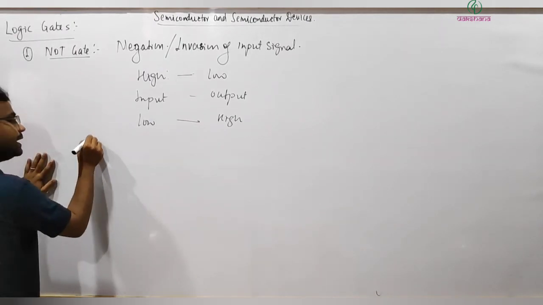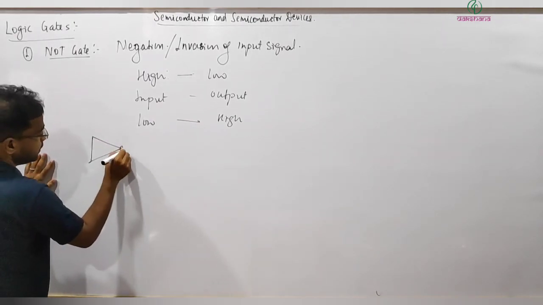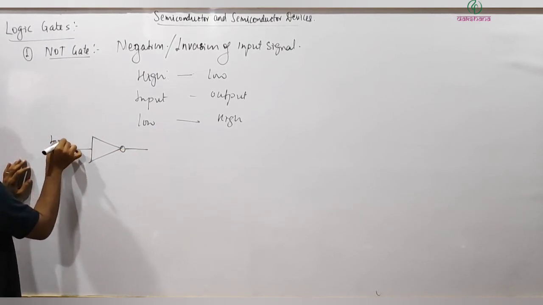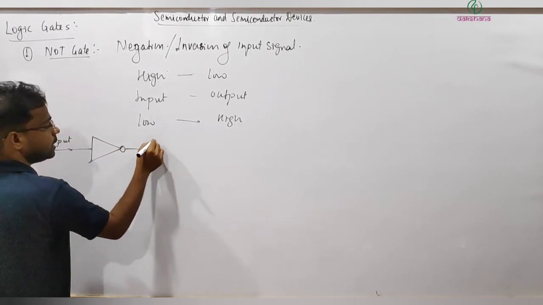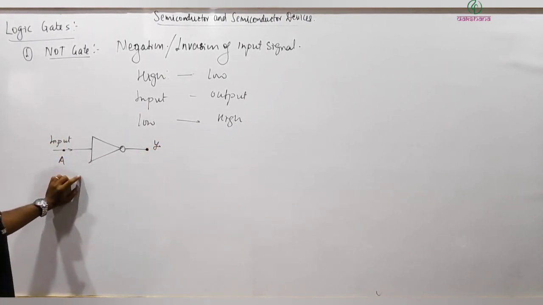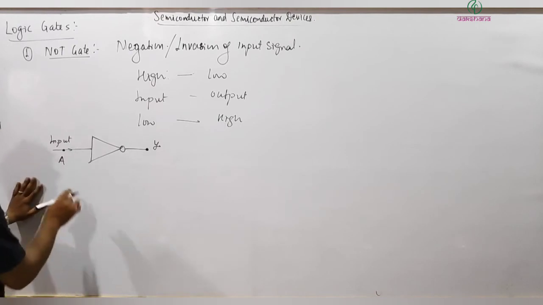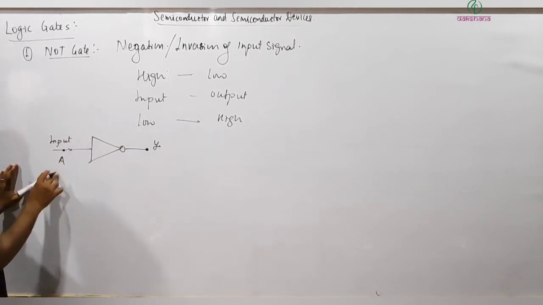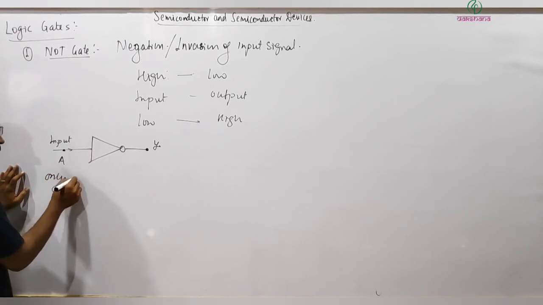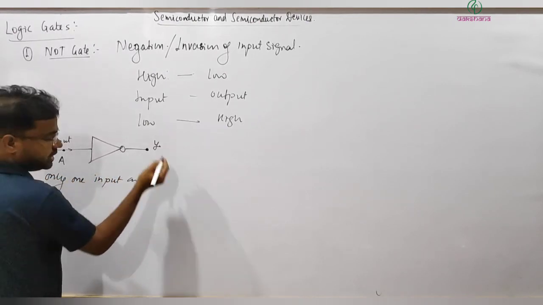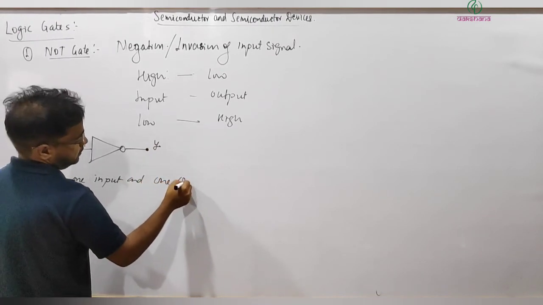This is the symbol for the NOT gate. Here we give the input and here we get the output Y. In a NOT gate we give only one input, A, which is either high or low, and correspondingly we get one output.